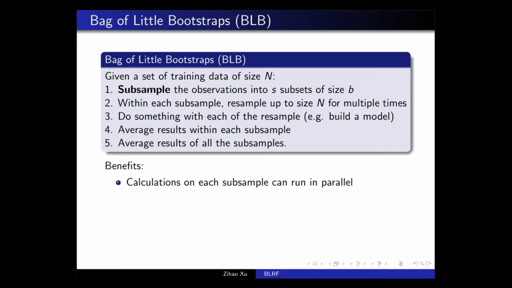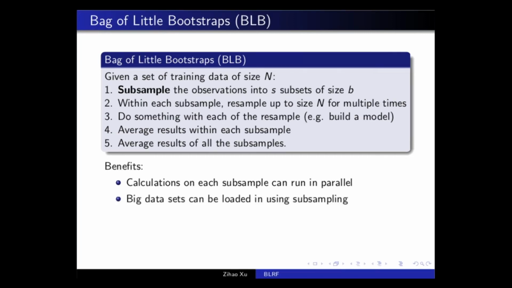When an algorithm can use parallel processing, we can speed up the computation by a lot. The second benefit is that big data sets can now be loaded using the subsampling process. Recall that each subsample is much smaller than the original training sample, so we can load in big data sets sequentially by using the subsampling process, or using a bunch of subsamples at a time.